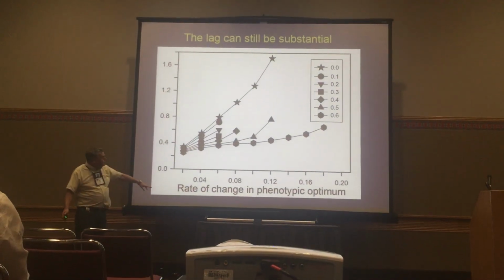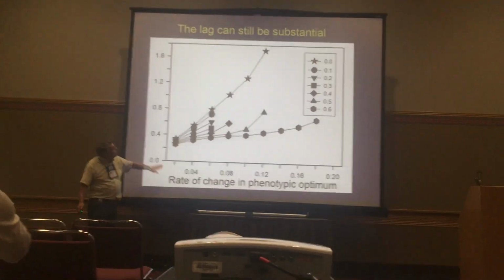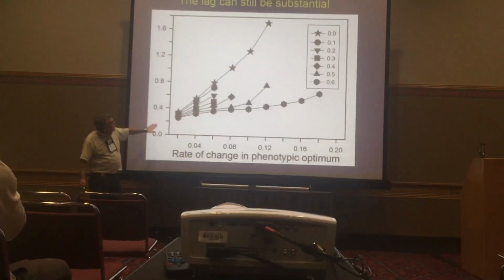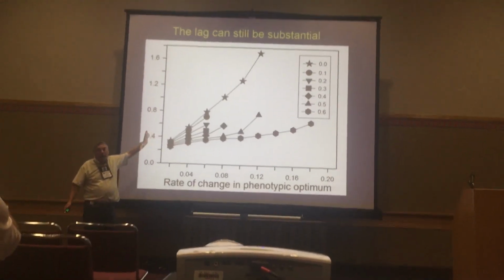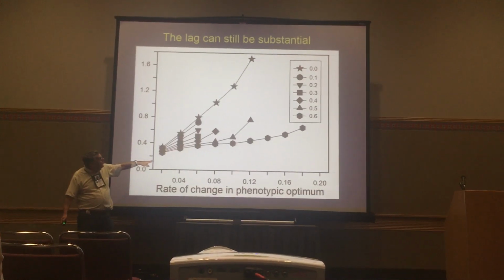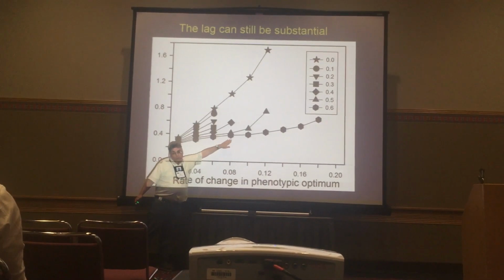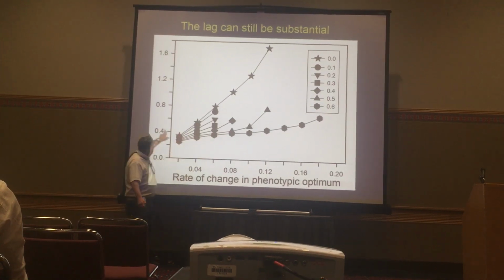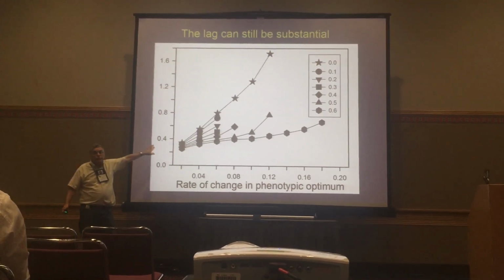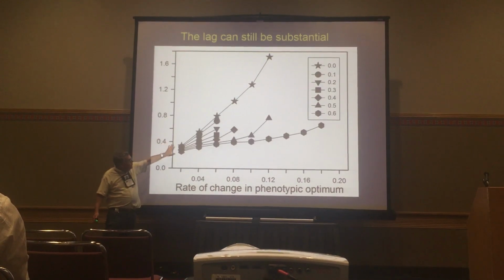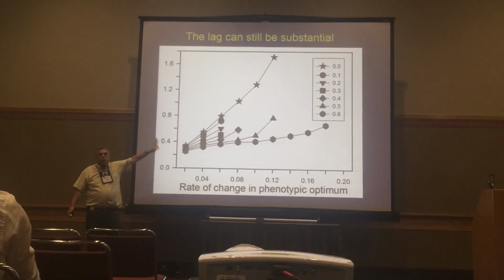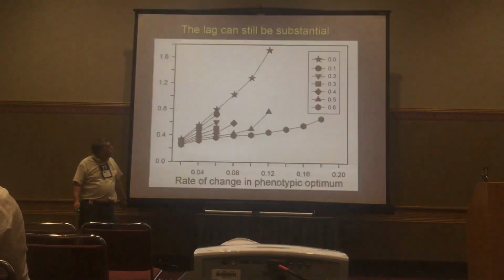So a couple of other things. This is the lag, how far behind that optimum you are. And as you can see, even with relatively high rates of plasticity, the lag can be substantial. This is in standard deviation units. So you lag behind the optimum.